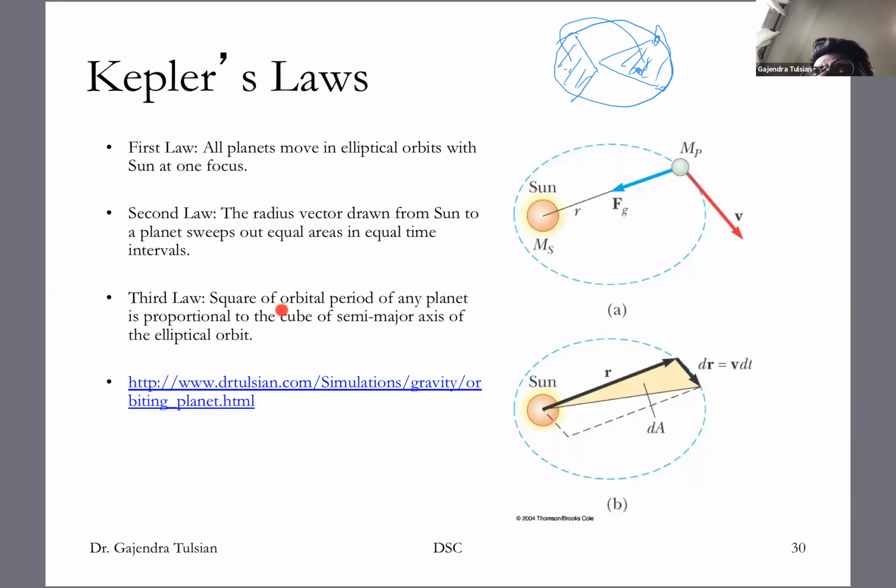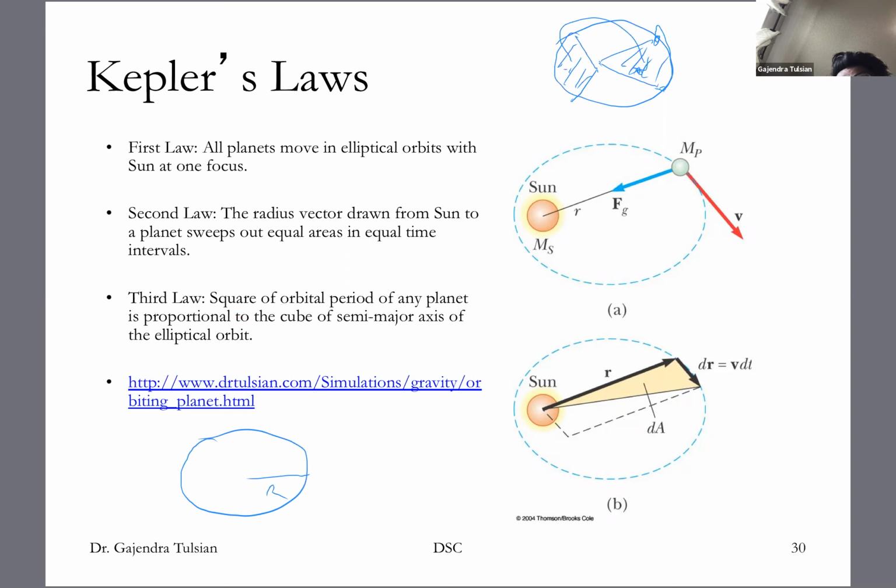And the third law says the square of the orbital period of any planet is proportional to the cube of the semi-major axis of the elliptical orbit. It's better stated for a circular orbit. Most planetary orbits are almost circular.